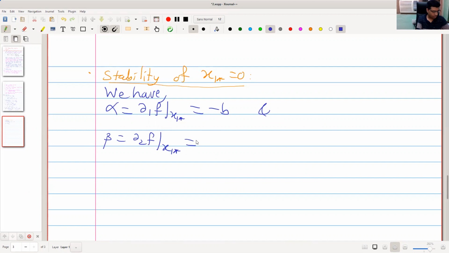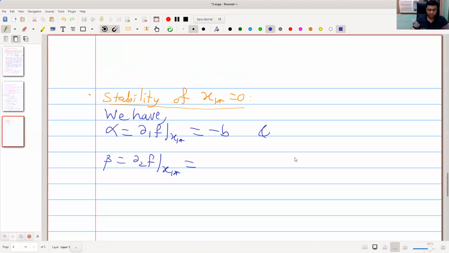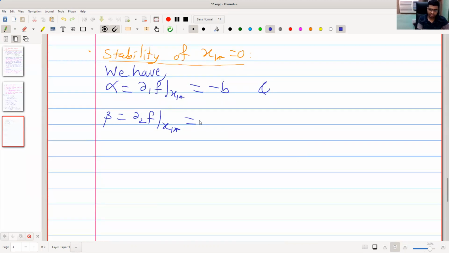Whenever we find x or y in this second partial derivative, we substitute 0, so that we get numerator as a and denominator as 1. So simply it is a. Therefore alpha plus beta is a minus b.